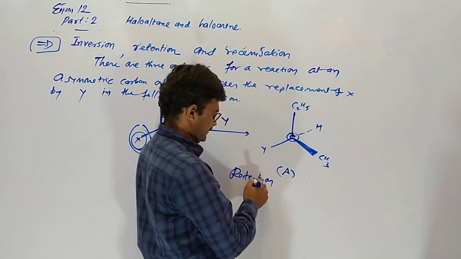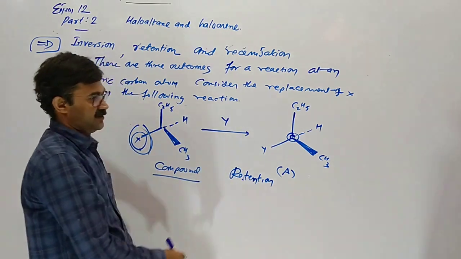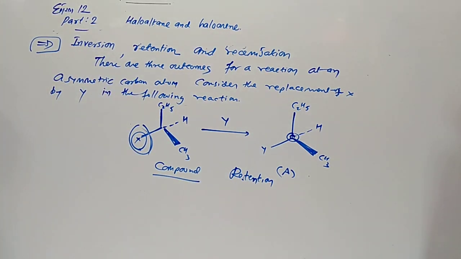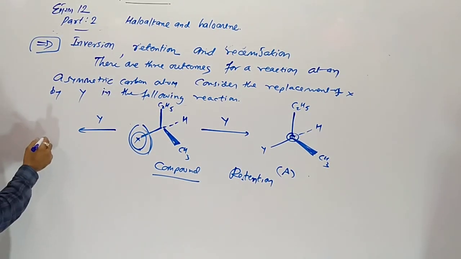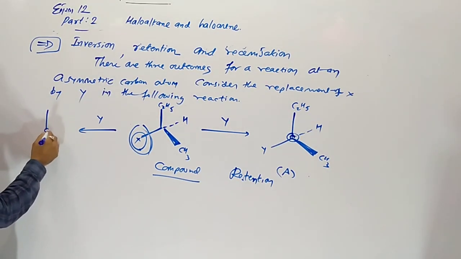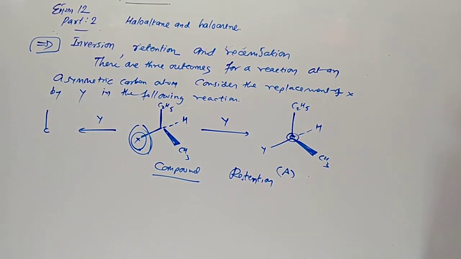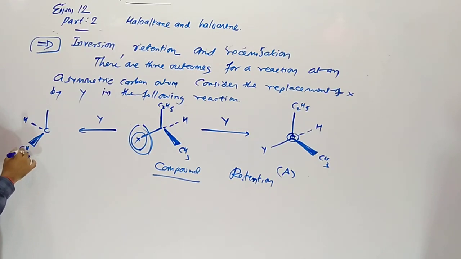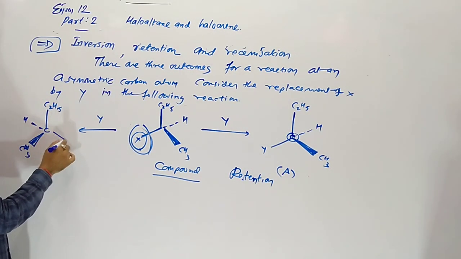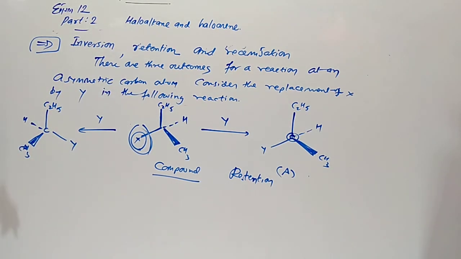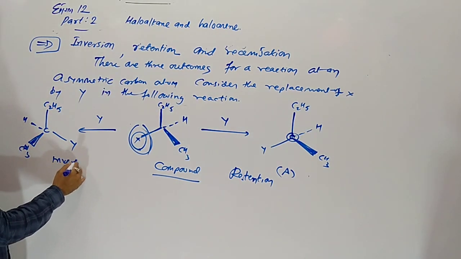We discussed that the configuration is not changed here, but if X is replaced by Y and the opposite configuration occurs, here X moves here, CH3 here, ethyl, and here is Y. This is inversion.